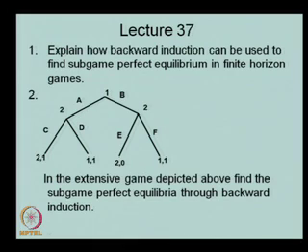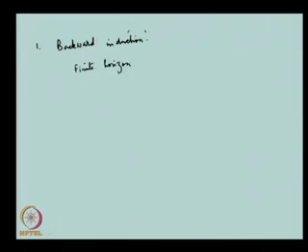Explain how backward induction can be used to find subgame perfect equilibrium in finite horizon games. So, backward induction. If we have a finite horizon game, then only we can use backward induction. Now in a finite horizon game, the length of the longest terminal history is finite.